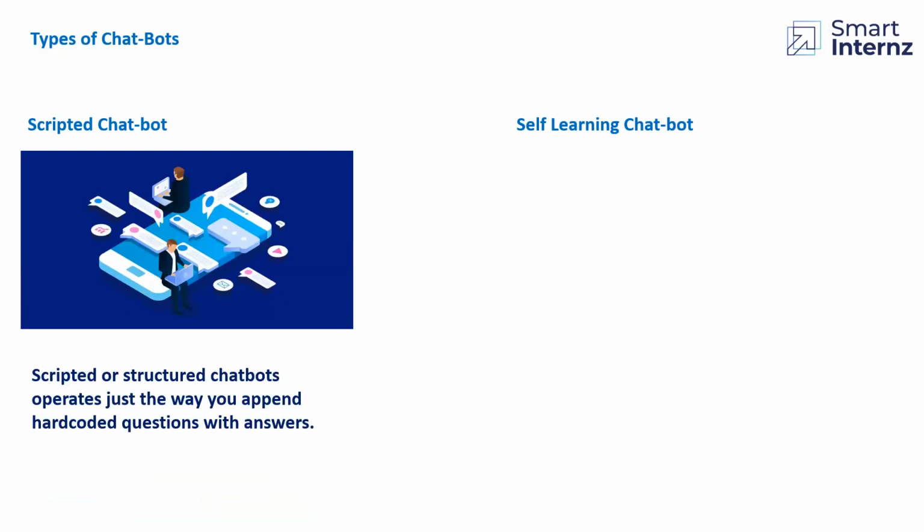Suppose we talk about a small kid studying in 4th to 5th standard, who has a question and wants an answer immediately. Those are static chatbots, in a scripted or structured format. If you ask the question, the first question will come, then the first answer, then the second question, then the second answer. In that way, scripted chatbots basically work. They have hard-coded questions and answers.